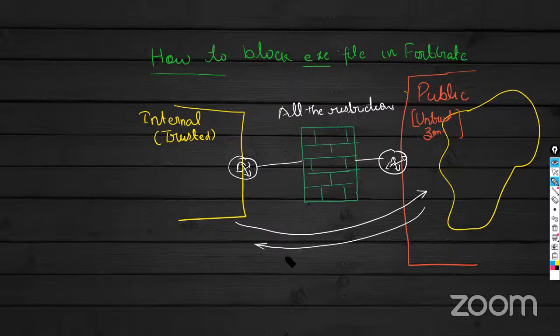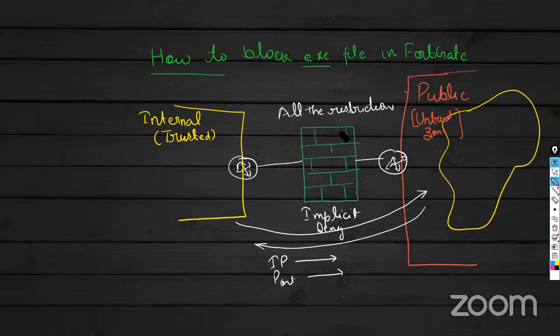Normally we allow a specific IP or a specific port. Our firewall has an implicit deny rule. All the traffic by default is not allowed to go through. Implicit deny: nobody is allowed until and unless you set up a firewall policy to pass through your firewall.